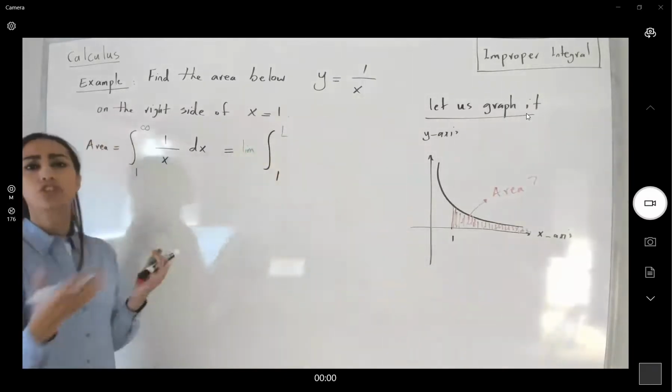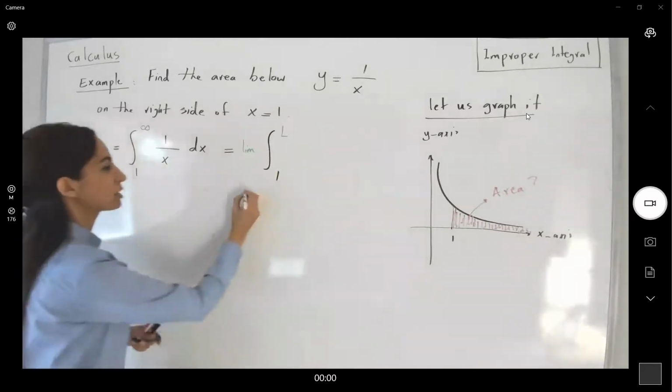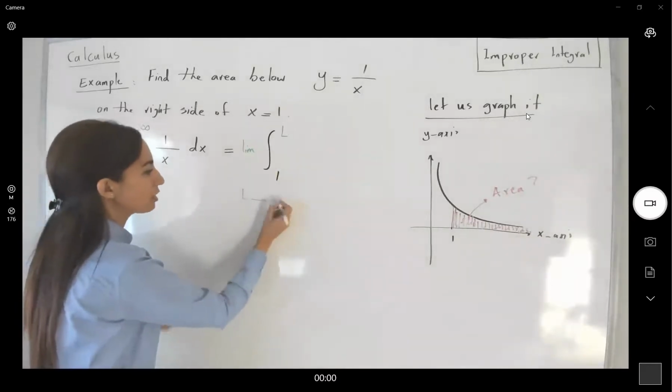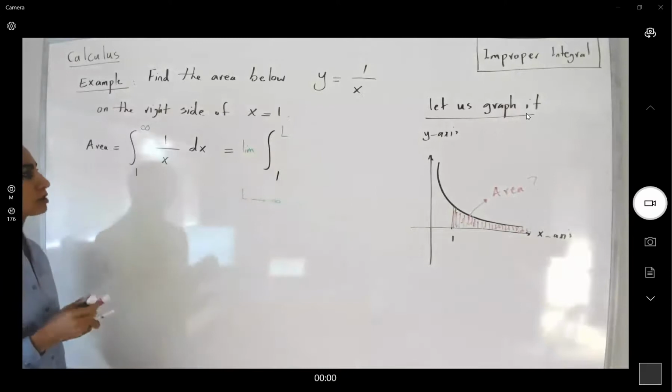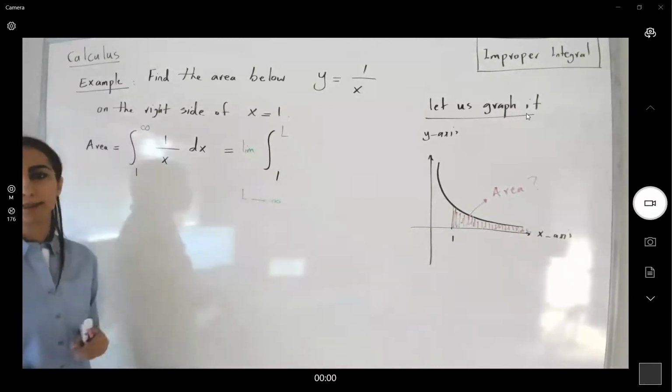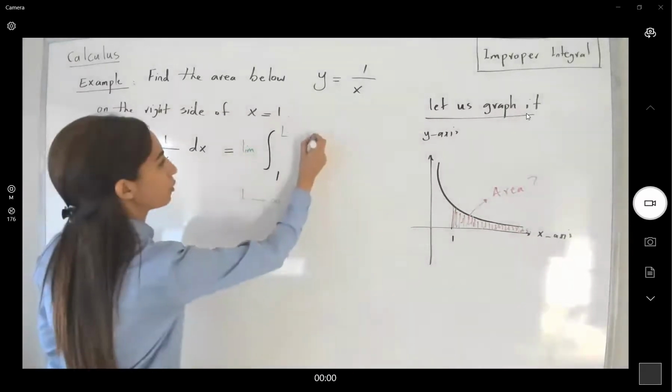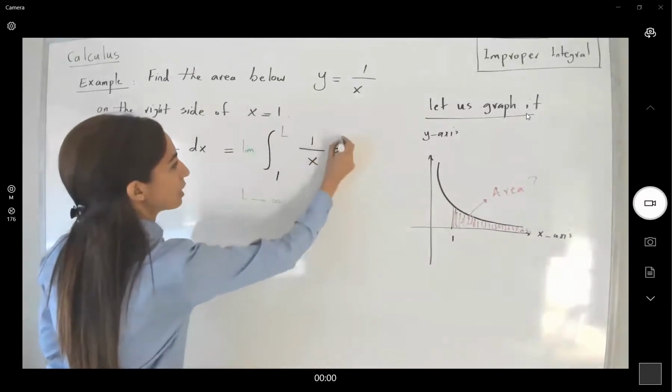Sometimes you can just change these variables. This is just a variable, so it's not important to use one variable. L, T, different variables. 1 over x dx.